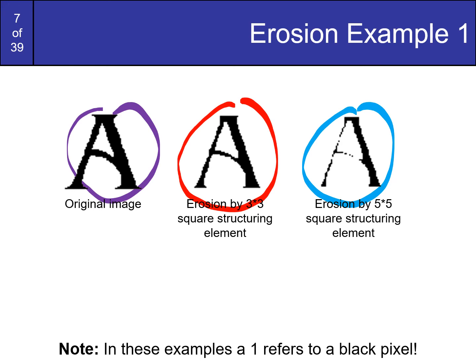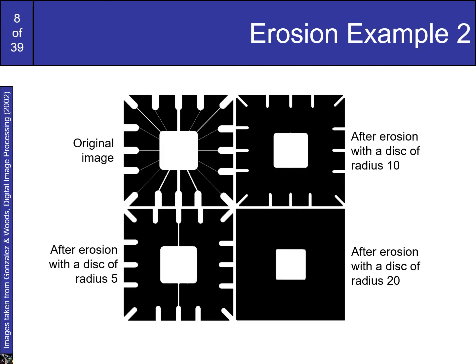And of course, in these examples, 1 refers to a black pixel. So the object is black. Now let's look at this example of erosion. As you can see, the original image.